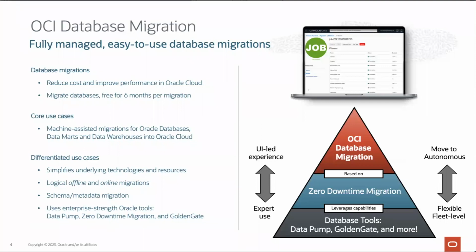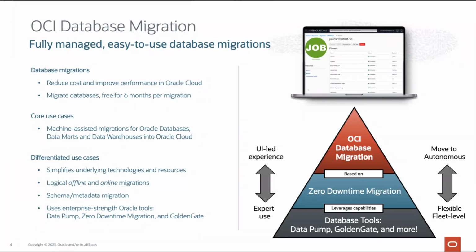If you look at the pyramid here on the right side, between OCI Database Migration and the tools we use to do the migration, there is another product called Zero Downtime Migration, or ZDM, and you probably have heard about that already. When I talked about that orchestrator, I was actually talking about Zero Downtime Migration, because the ZDM engine is the software that executes the migration itself.